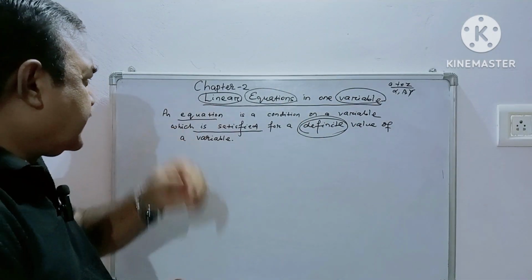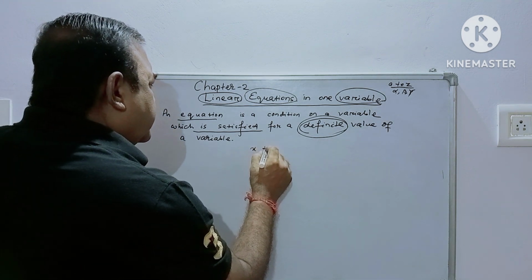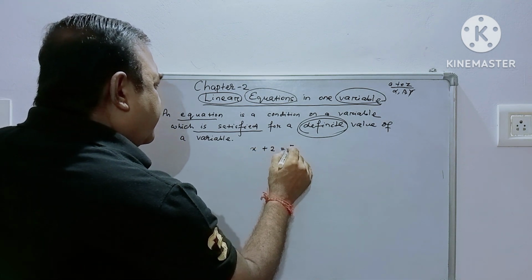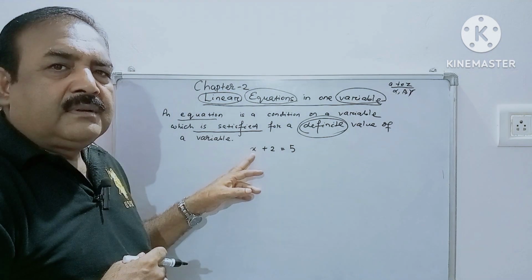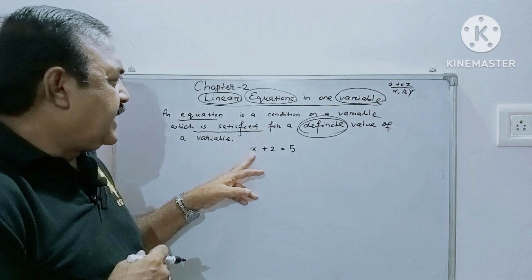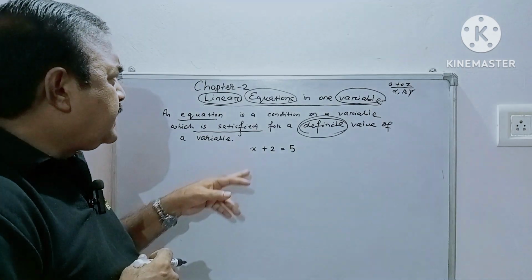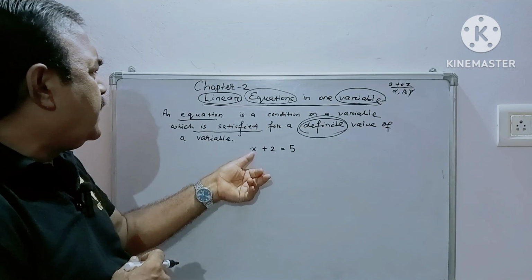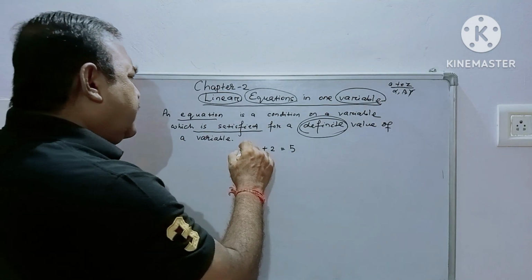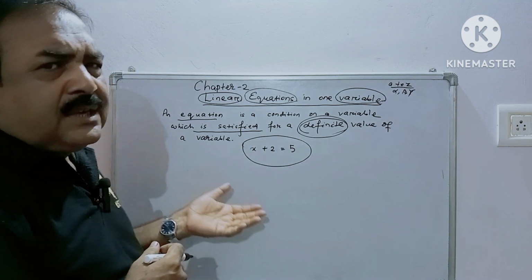Yes, sir? You see, suppose I will write x plus 2 is equal to 5. Now what is the value of x? X is 3. X is equal to 3 or not? But in which cases we use x? A, B, C, D, up to Z. You see, these are the variables. But this is the equation or not? This is an algebraic equation.